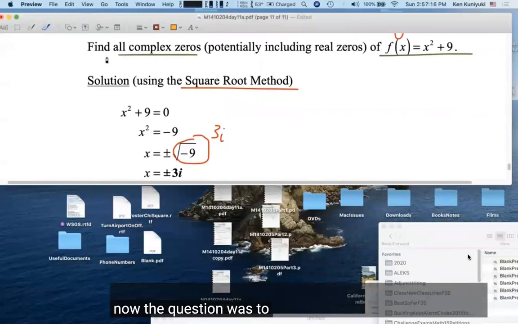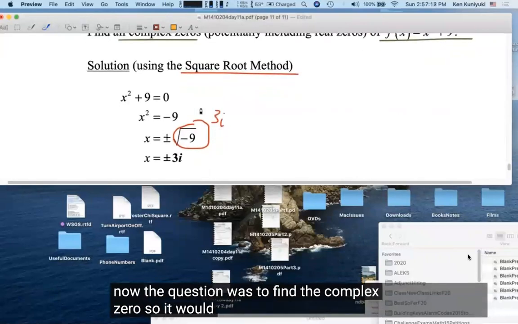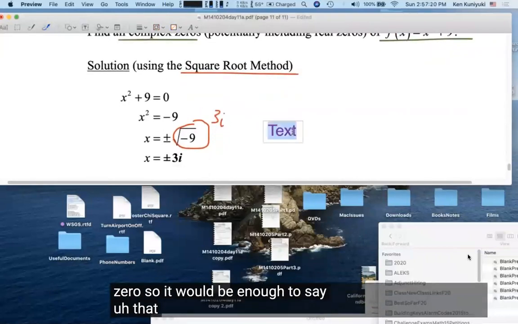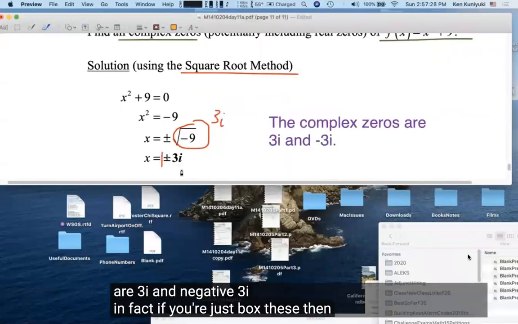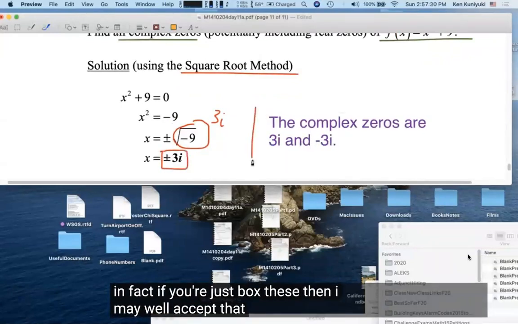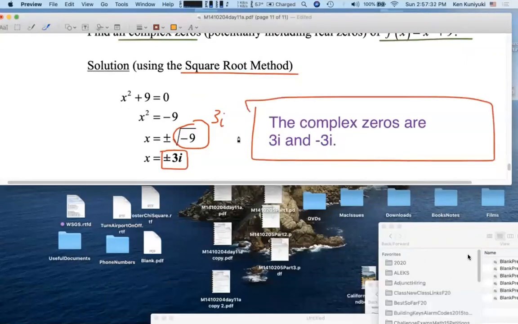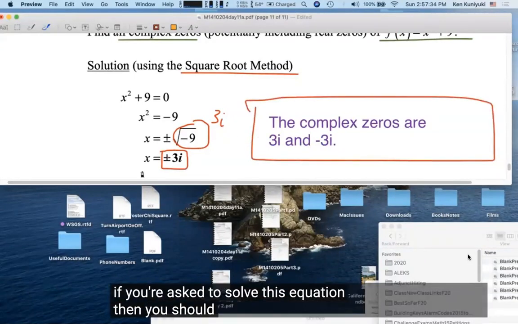Now the question was to find the complex zeros. So it would be enough to say that the complex zeros are 3i and negative 3i. In fact, if you were to just box these in, I may well accept that. If you're asked to solve this equation, then you should write the solutions.